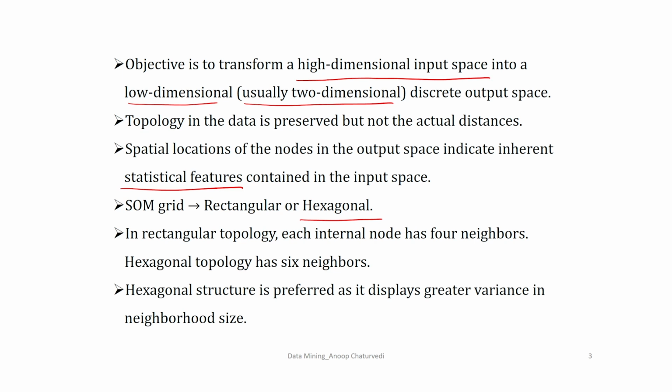So, hexagonal structure is preferred as it displays greater variance in neighborhood size. With hexagonal topology, you can have 6 neighbors. So, it displays greater variance in neighborhood size.